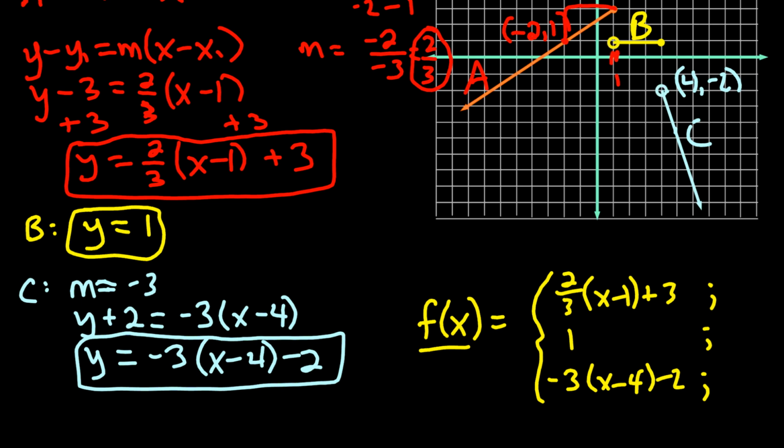And so for A, I'll just put everything in light blue. A happens when x is less than or equal to 1, because at 1, right here on the graph, the orange graph is a closed circle and goes to the left. So I know it's less than or equal to 1.